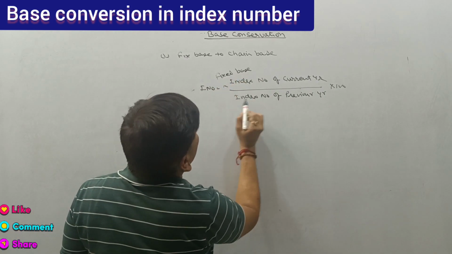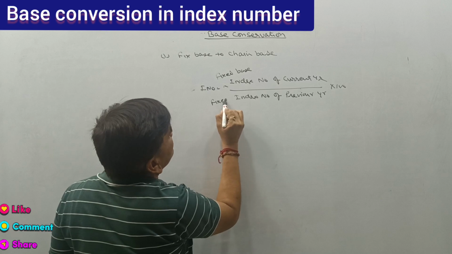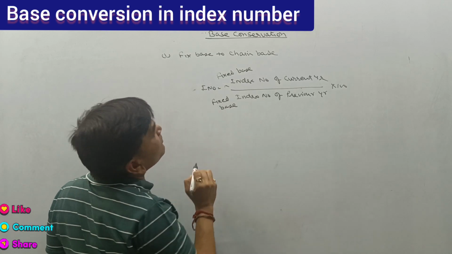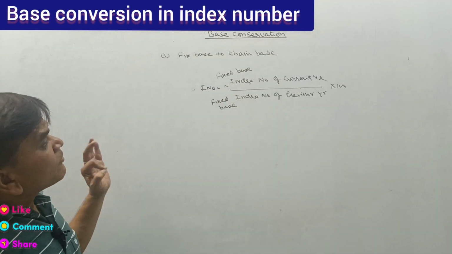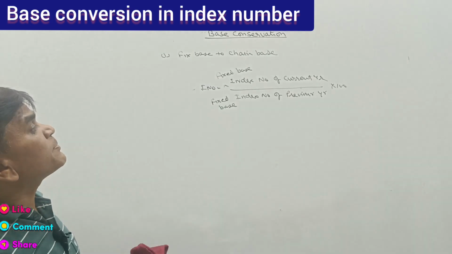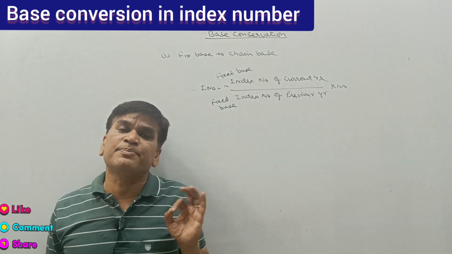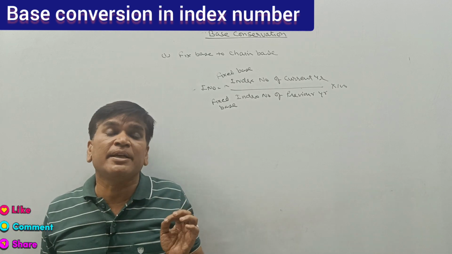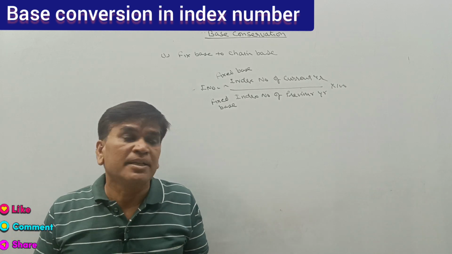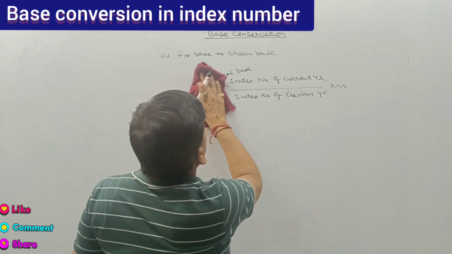Already, if the fixed base index number is given, with the help of this we can change it. That is called fixed base to chain base.